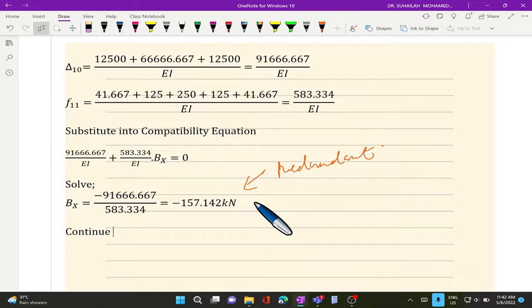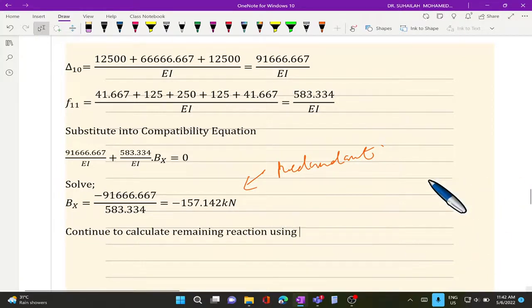What we need to do after this is continue to calculate the remaining reactions using the principle of superposition, or superposition method. So let's do it using the superposition method.